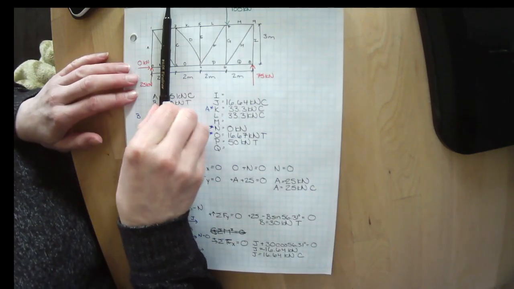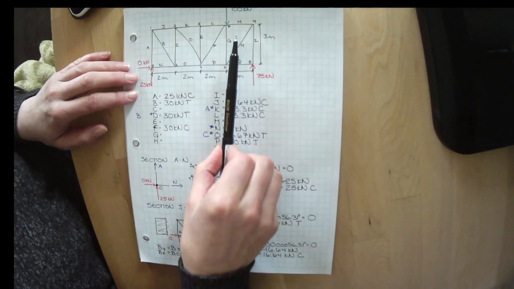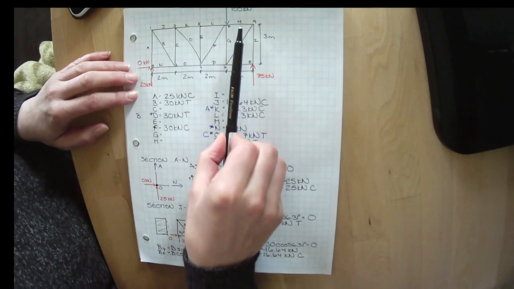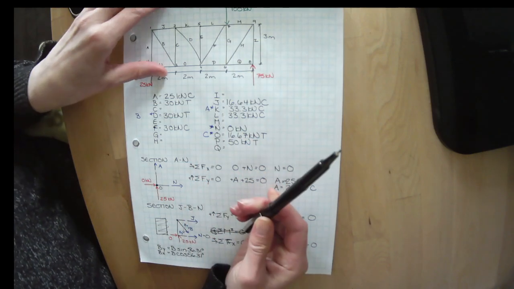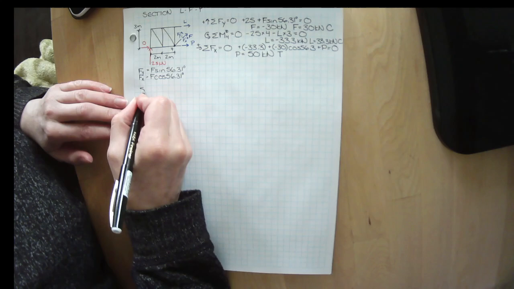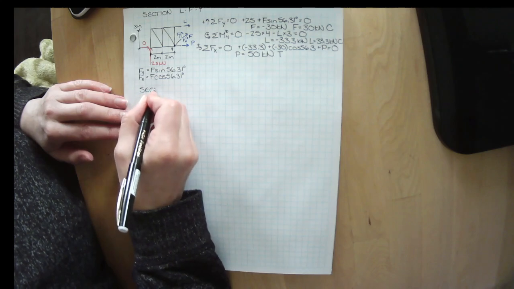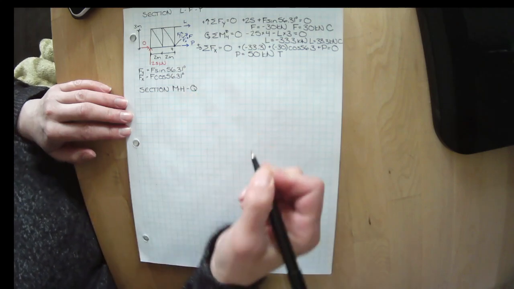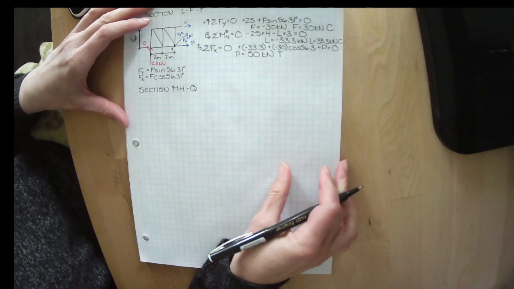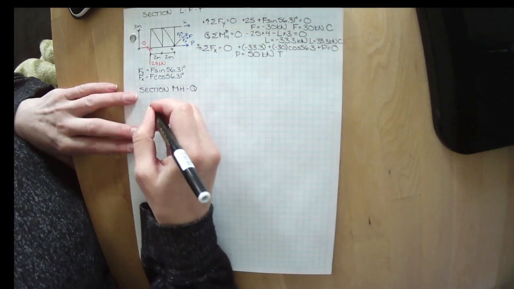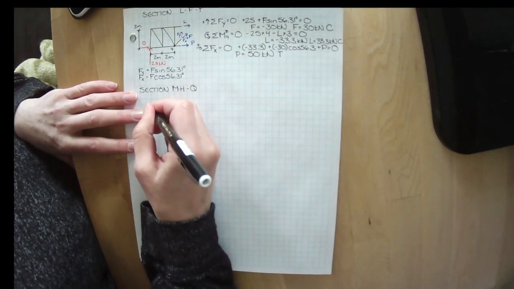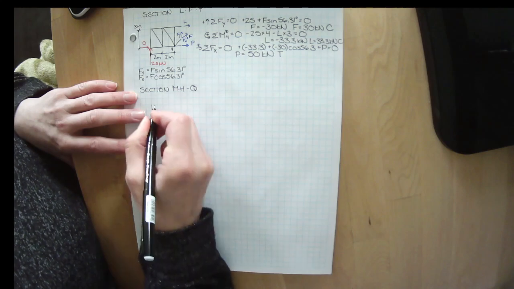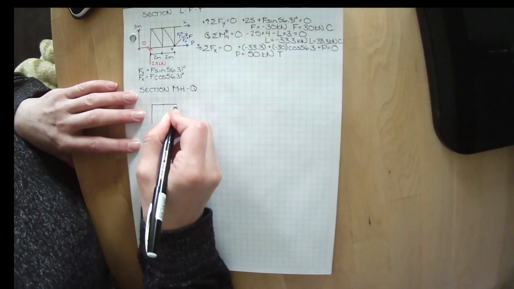We made a cut here, here, and here. Let's make a cut here. Let's cut through M, H, and Q. So let's draw a small version of this.